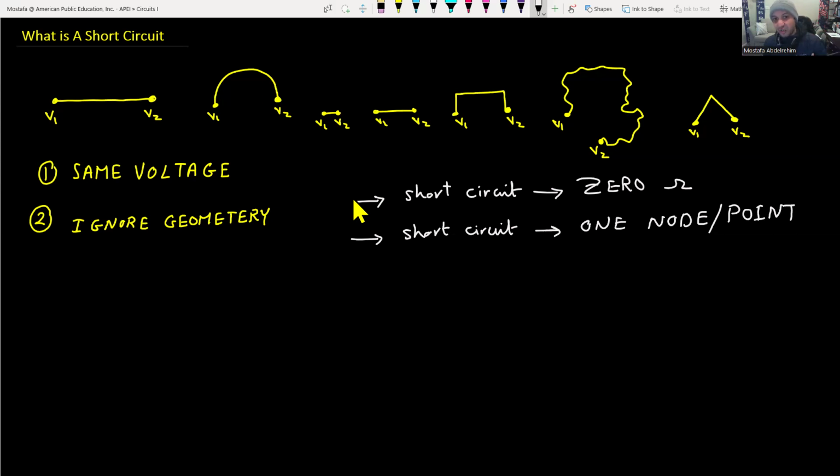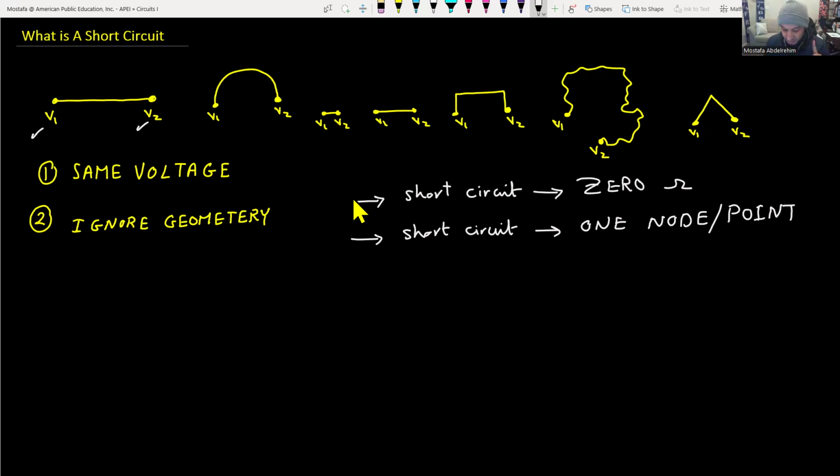That's a kind of manipulation that we can do to make the circuit look easier to analyze. So we can extend it, make it like a wire. We can short it, make it like a node, or we can shape it in any shape we want. For example, here we have what appears to be two nodes, V1 and V2, although they are actually one node.